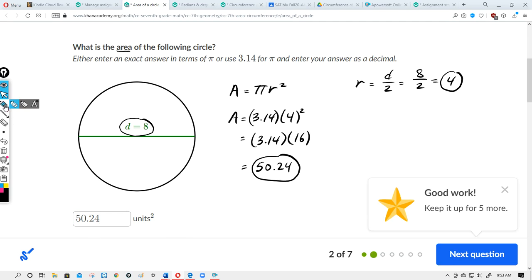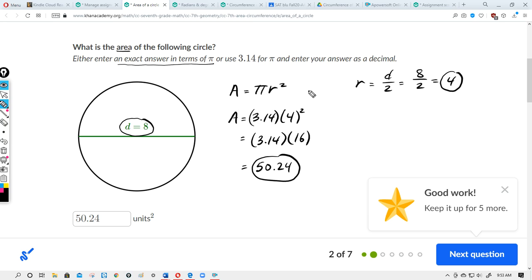Now for this section, they give you the option to enter your answer in terms of pi. So if you want to leave pi alone and avoid using 3.14, you can do that.